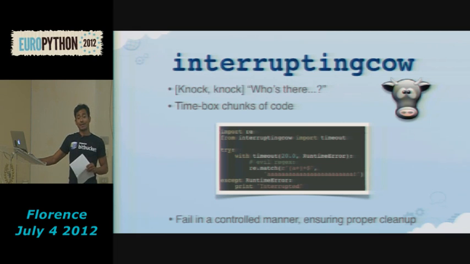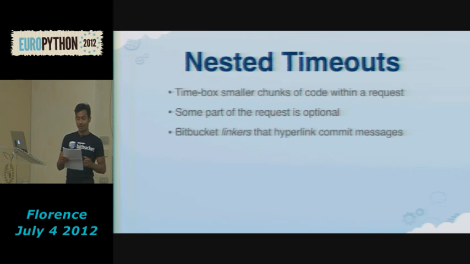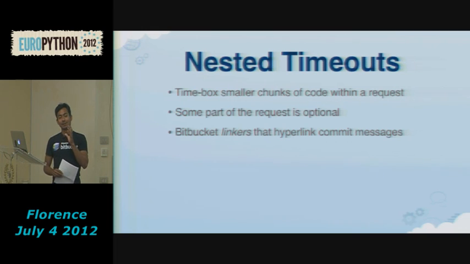Now, there's more to interruptingcow, because it is also re-entrant, which means it supports nested timeouts. So basically, within a long timeout, for example, the one that we wrap each Bitbucket request in, we can have smaller timeouts that will time box other chunks of work. Now, this is really useful if you realize that some of the work that you do in fulfilling a request is kind of like an optional added-on bonus.